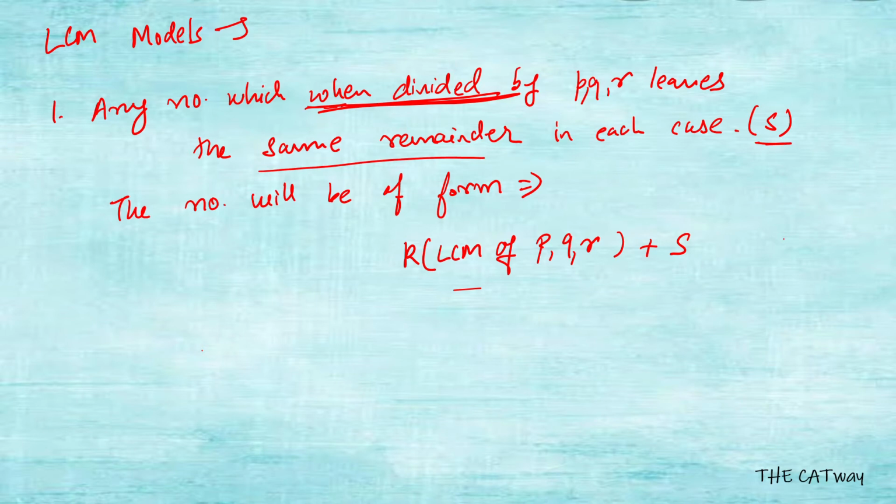So your number will be of the form K into LCM of P, Q, R plus S. Okay, so this is your form.